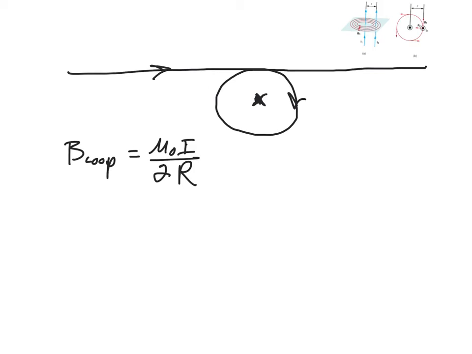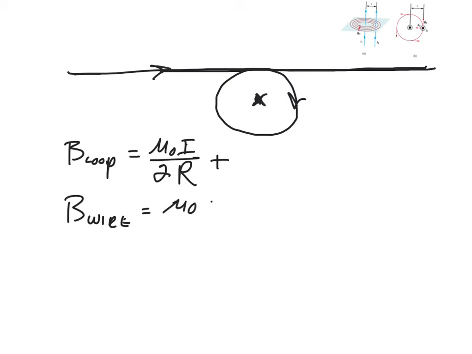But then we have the wire. And so we have to add to the loop B for a wire. And we certainly have used that a lot.